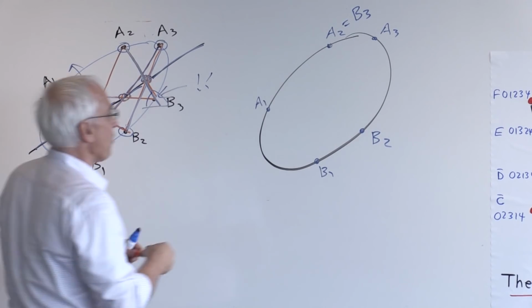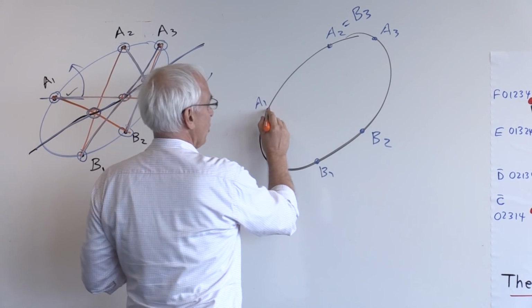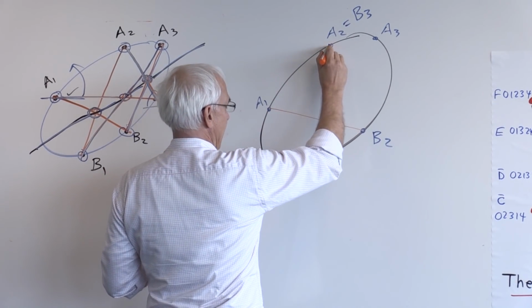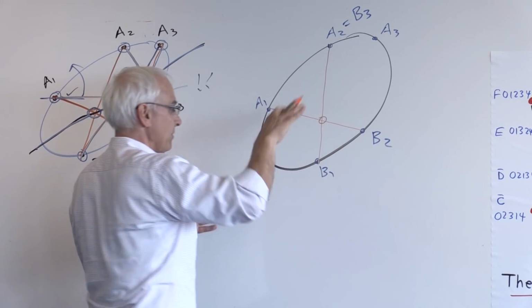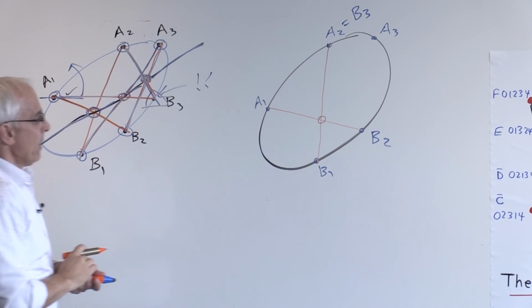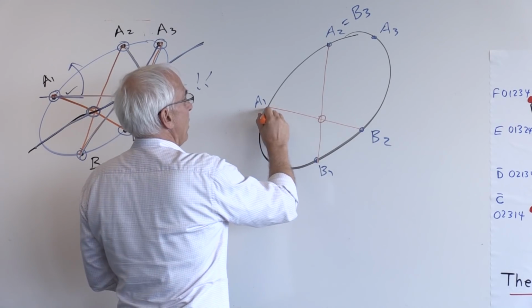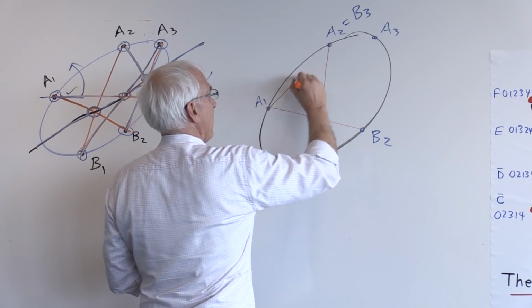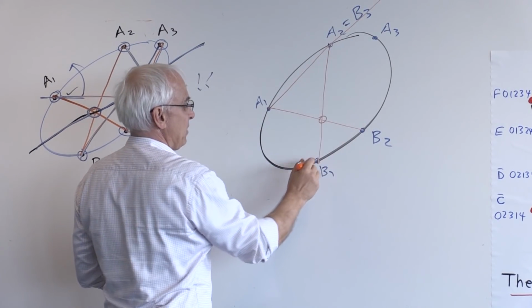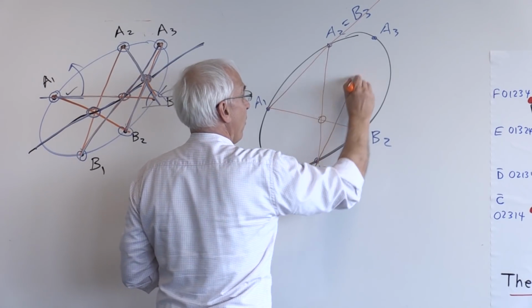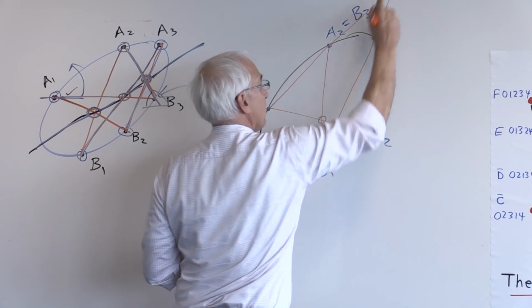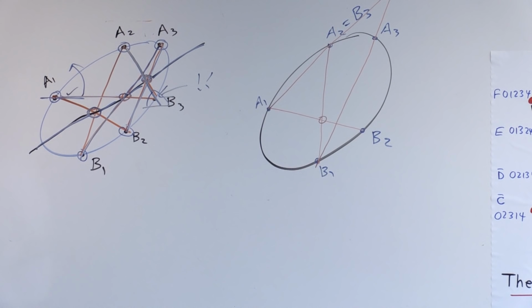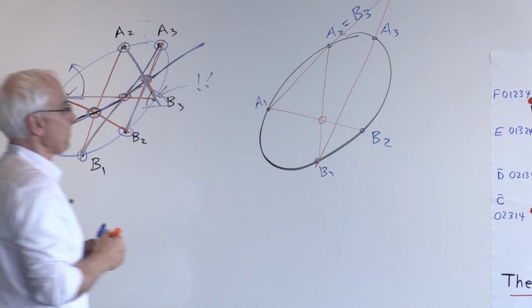Well, let's go through it. A1, B2, we're supposed to connect A1, B2 and A2, B1 to get one of our middle points. We're connecting A1, B3 and B1, A3 to get another one of those middle points. It'll be up here now. And we're connecting A2, B3.